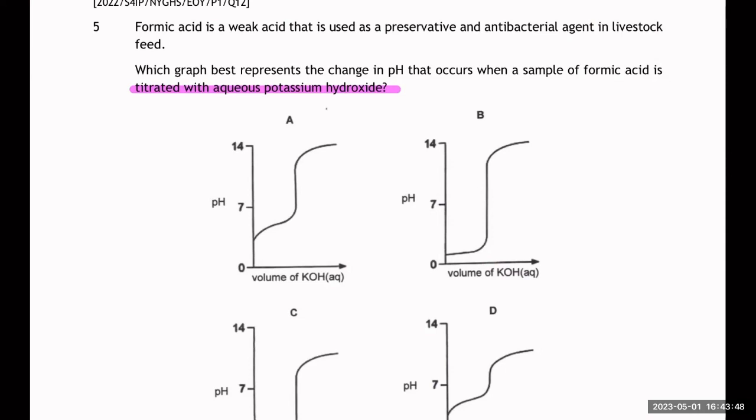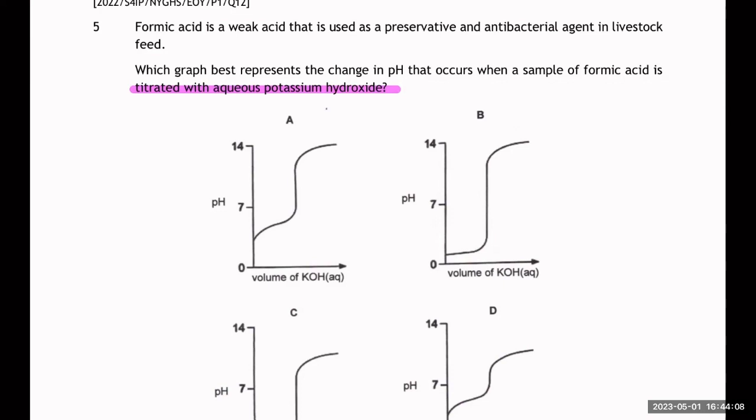The one that you swirl, that has the triangle shape, what kind of flask is it? Yes, conical flask.